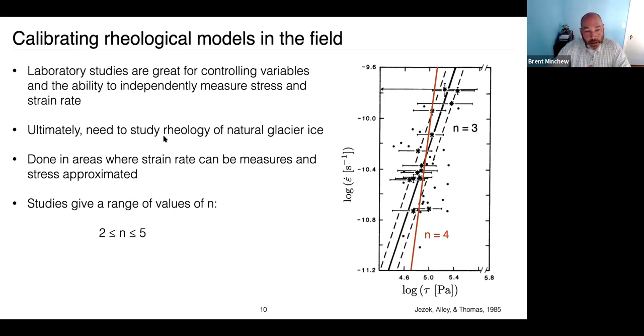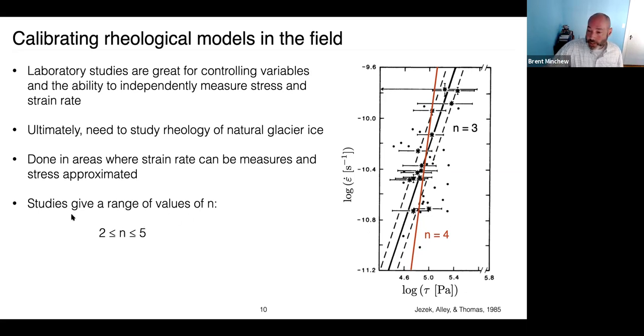So at the end of the day, we ultimately need to be able to study the rheology of natural glacier ice and to calibrate our parameters and understand what's going on in the models within the natural system itself. Now, of course, we can only do this in areas where strain rates can be measured and stresses can be approximated independently of one another.